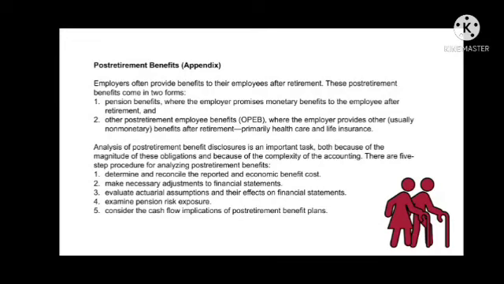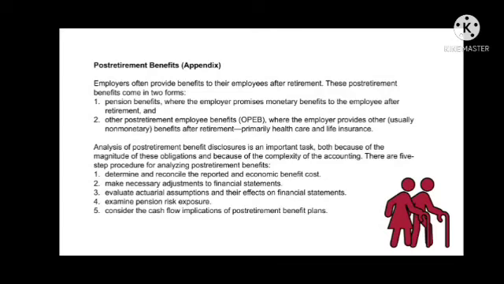Analysis of post-retirement benefit disclosure is an important task, both because of the magnitude of this obligation and because of the complexity of the accounting. There is a five-step procedure for analyzing post-retirement benefits. One, determine and reconcile the reported and economic benefit costs.